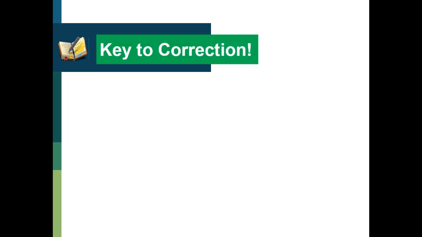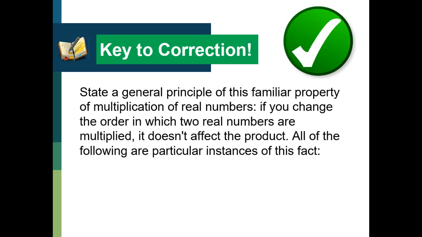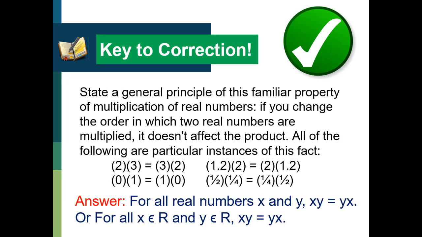Alright, so I guess you now have your answers. So the property is, for all real numbers x and y, xy is equal to yx. In mathematics, xy means the product of x and y. The same thing with yx. Or you can also write it this way: for all x element of real numbers and y element of real numbers, xy is equal to yx.